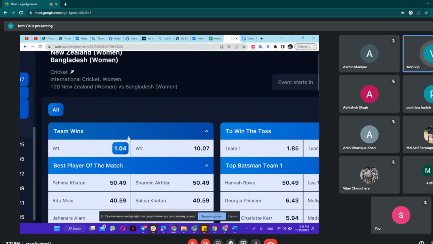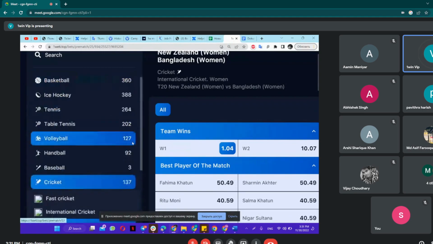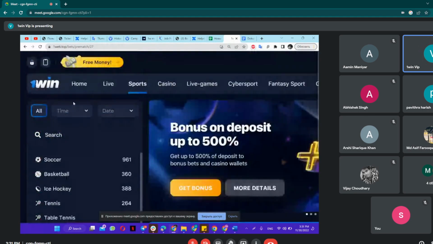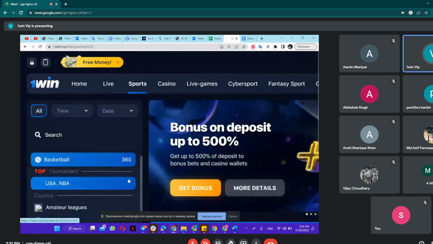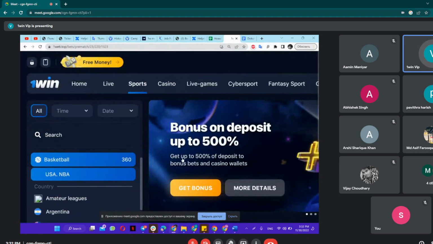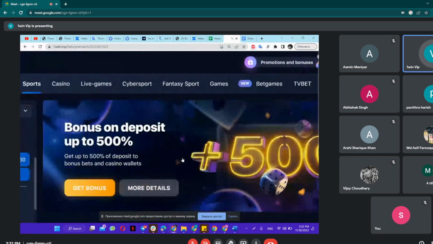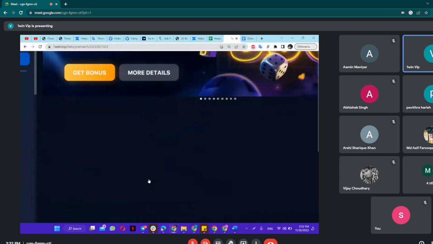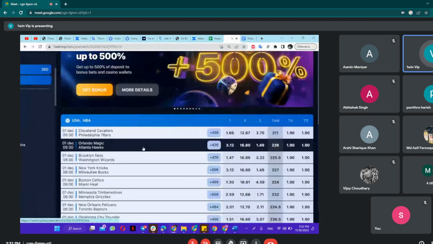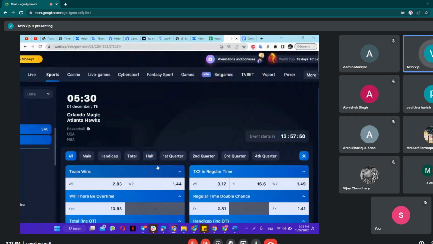Why am I saying that this is the only bet that includes it by itself without any clarifications? Let's go to basketball games, and I will show you what I'm talking about. Let's open this NBA game.